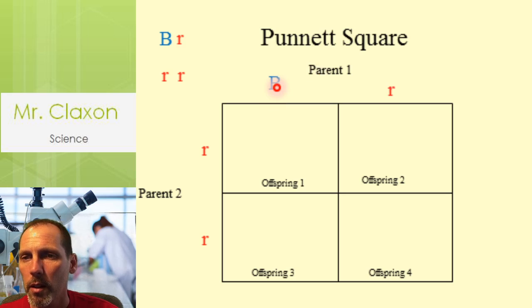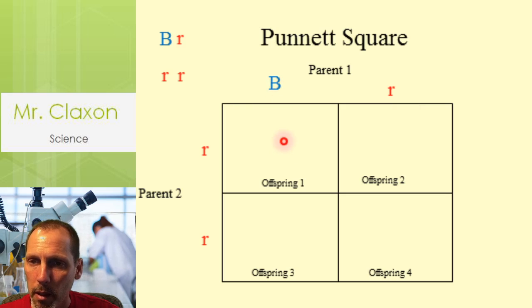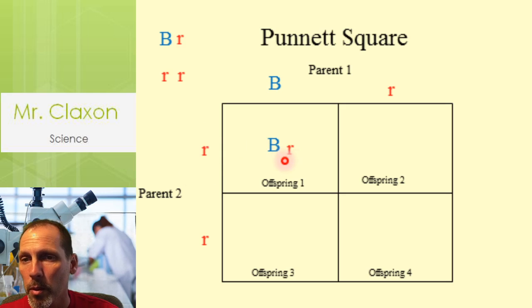This Punnett square helps us to say, well, what if you get this blue, or what if you get this red? So what you end up doing is take this B and fill down into offspring one. There's a chance that it could get this blue allele. What if you get this red allele from parent two? So we bring that over into the box. In the next example, well, what if offspring three gets this blue and it gets this red from this parent, the other red?